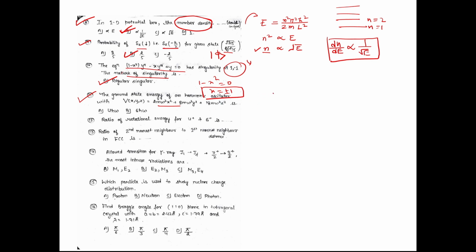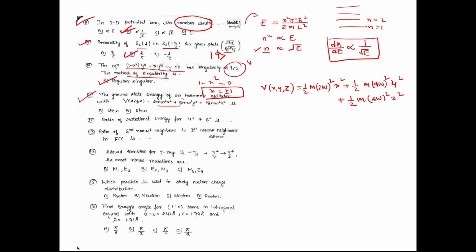If we rewrite this V of x, y, z like this, that is half m (2 omega) whole squared x squared, plus half m (4 omega) whole squared y squared, plus half m (6 omega) whole squared z squared.